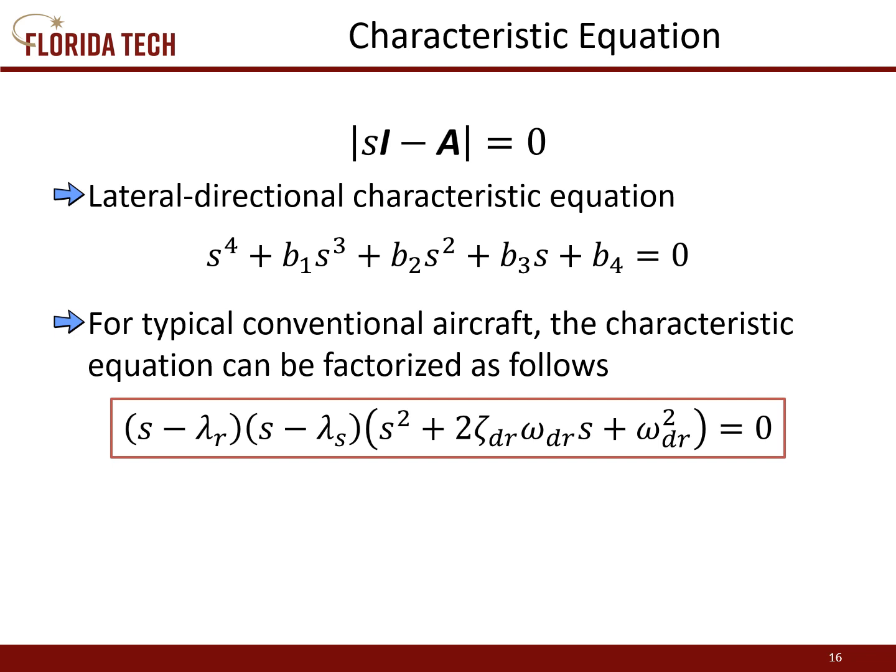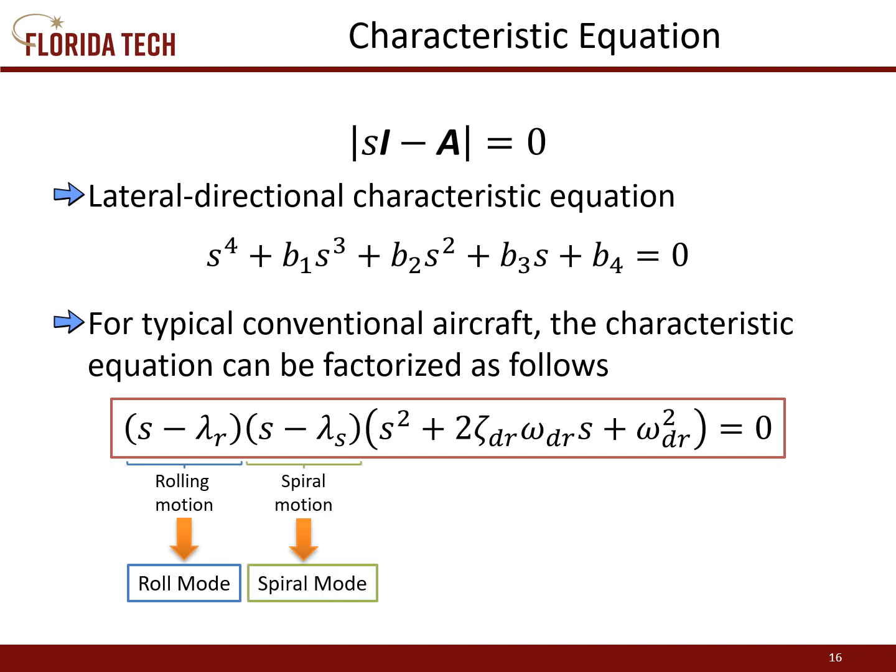So we'll again get one for the lateral directional, only this time it will be factored into 2 real roots and 1 complex pair. The first real root will be the roll mode or rolling motion. The second one will be the spiral mode, and then the complex pair has the name Dutch roll mode. And we'll get more into those as we go on through the slides.